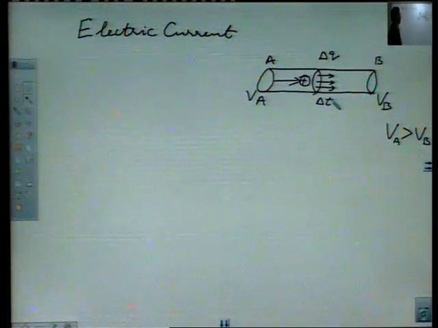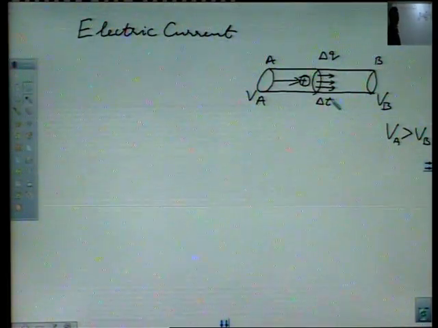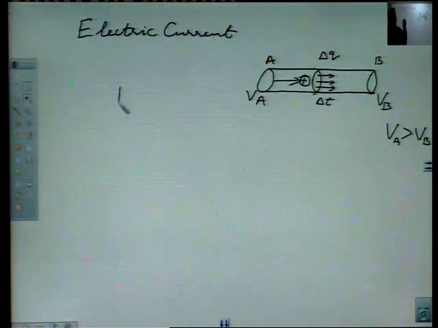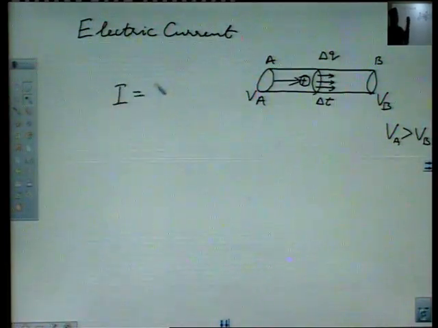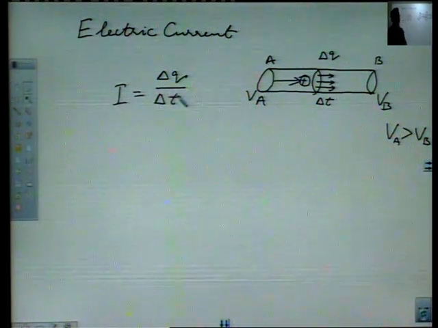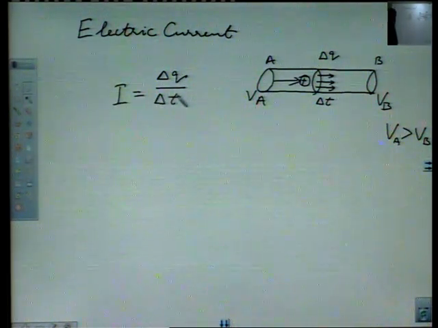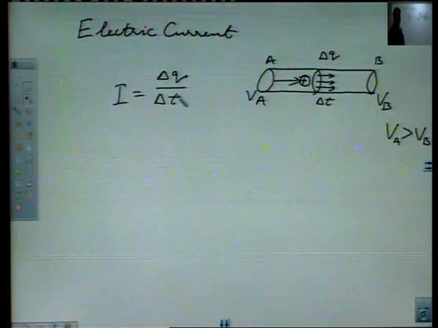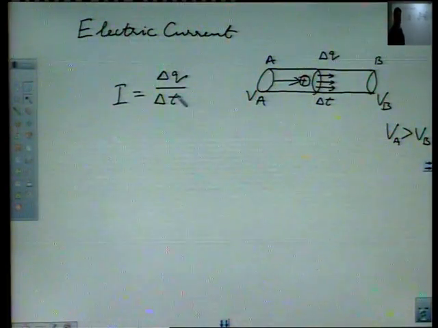Then electric current through this cross section of the conductor is defined as I is equal to delta Q over delta t. That is, the charge flowing through the cross section per unit time is called electric current.